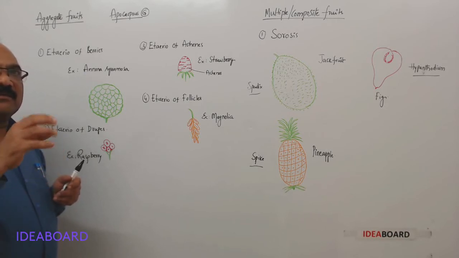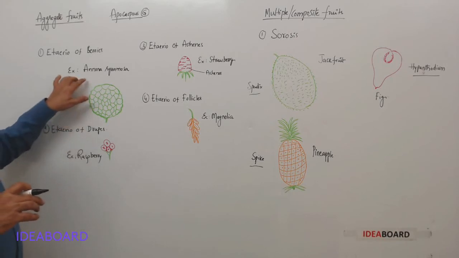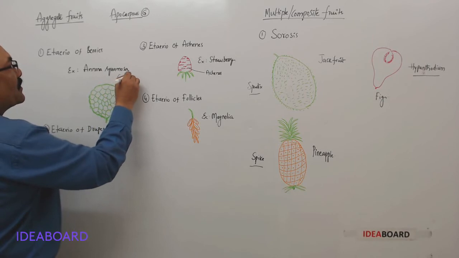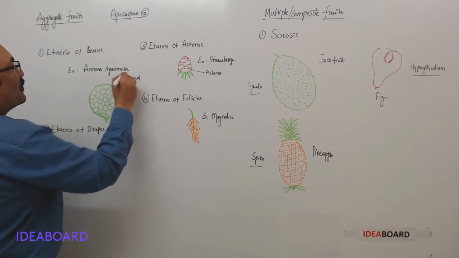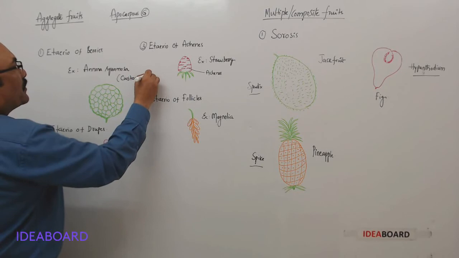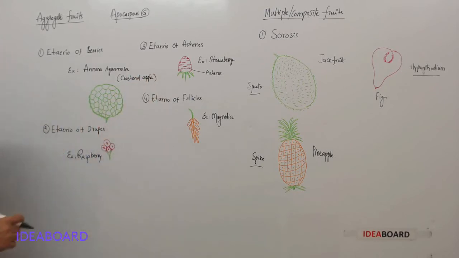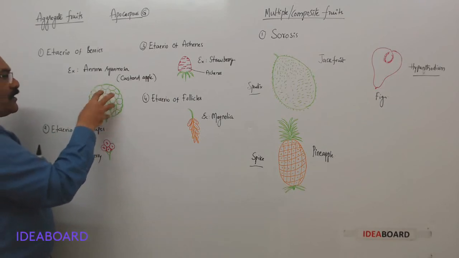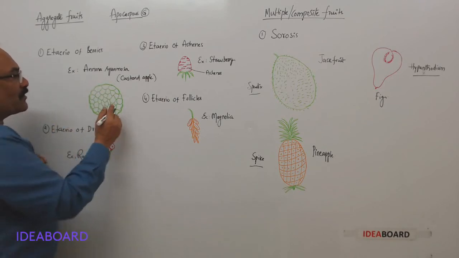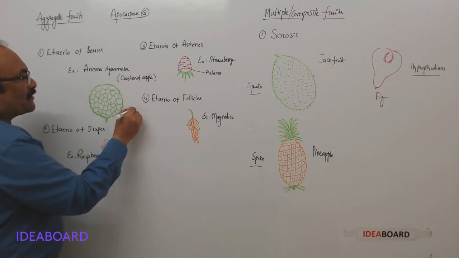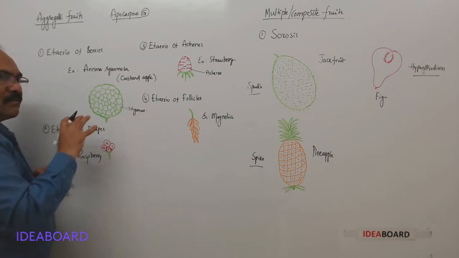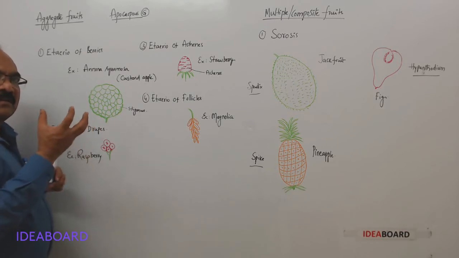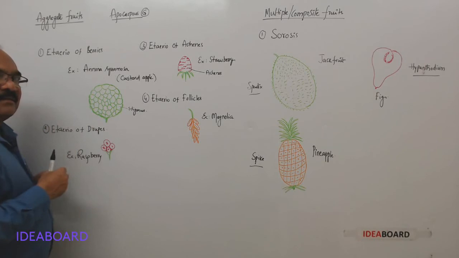Sometimes they appear like a single fruit, and the best example is custard apple, Annona squamosa, that is the scientific name, and it is custard apple, that is sitafal. You know, it looks like a simple fruit, and whatever you are finding on the top is not pericarp, they are stigmas, and all these stigmas are fused to make one single fruit.